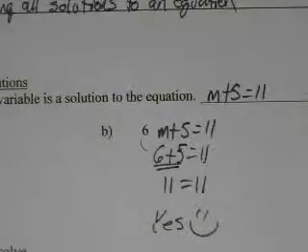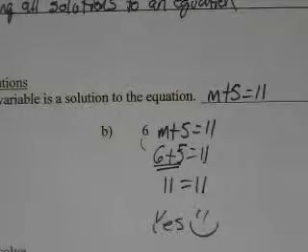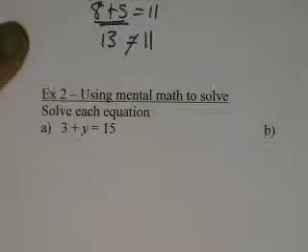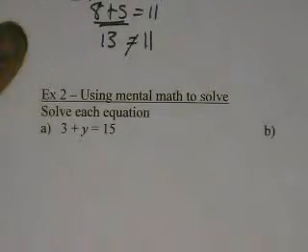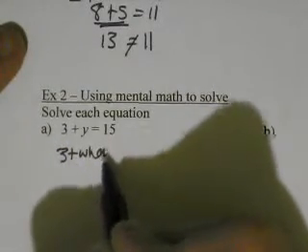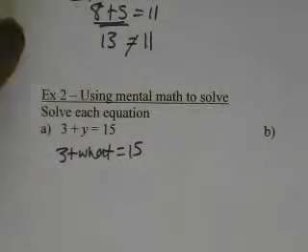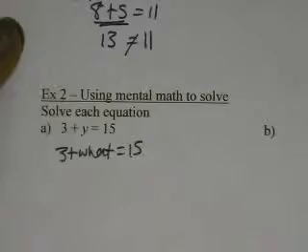Alright? Now, let's actually look at solving an equation on our own. So here we have the equation 3y equals 15. You want to ask yourself, 3 times what equals 15? This is all in your head. 3 times what number is 15?